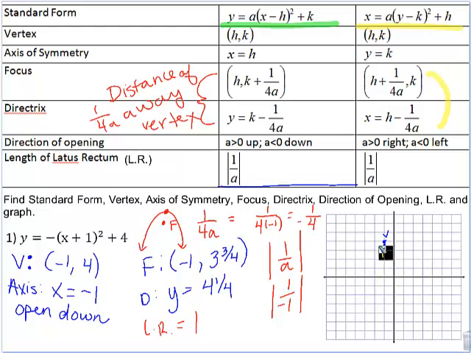So we could go halfway across to halfway across. That would give us a total distance of 1. And so then you just need to connect your vertex to the ends of that little line you drew. And there's your parabola with no XY chart needed.